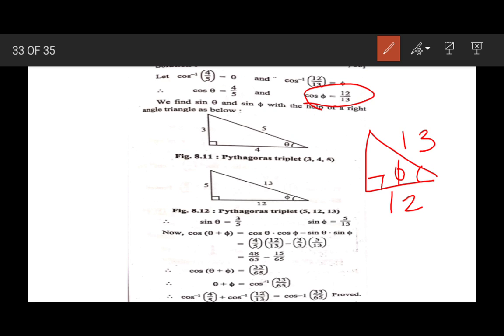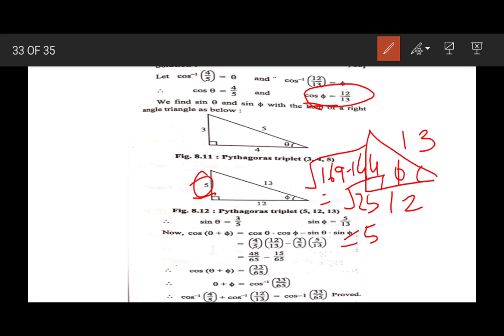This side will be root of 13 square, 169, minus 12 square, 144. That is equal to root of 25, which is 5. So I got this side by using the Pythagoras theorem. Now this side is 5.